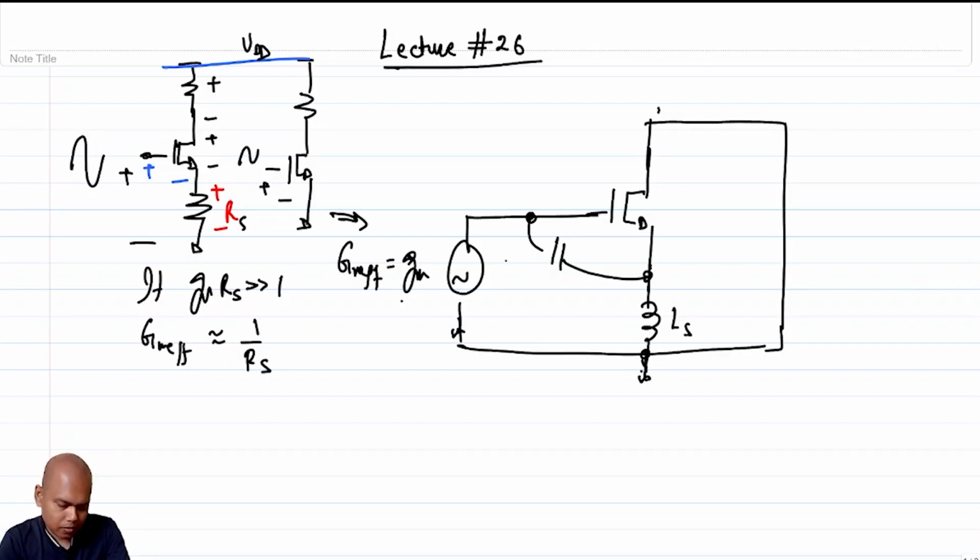right? So note that this is also source degenerated with an LS, but the LS is not having any quiescent drop, right? Because LS is not having any quiescent drop, you can have as much of a quiescent VGS as you would have gotten in a common source configuration, right?